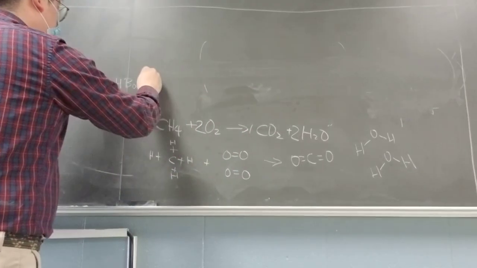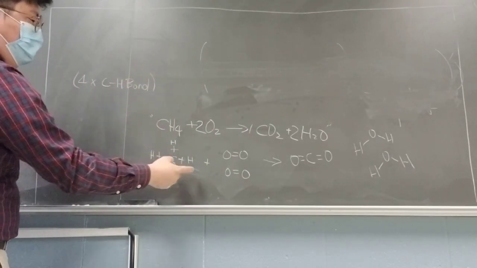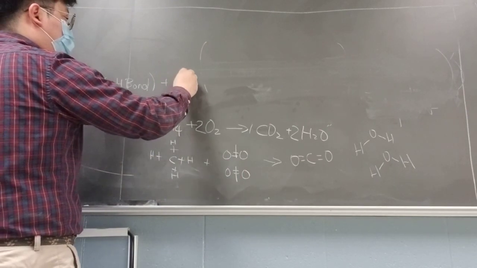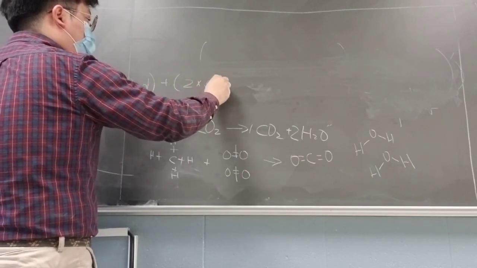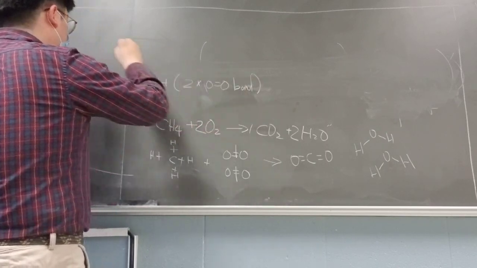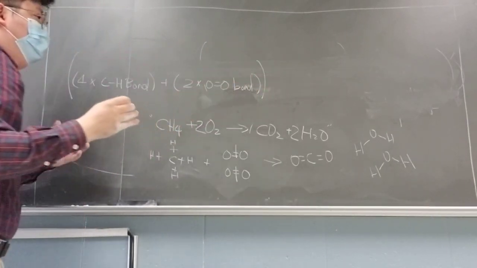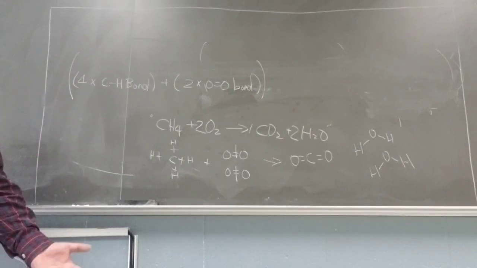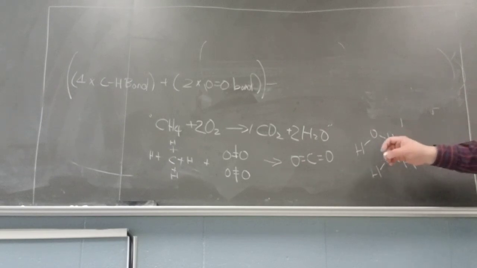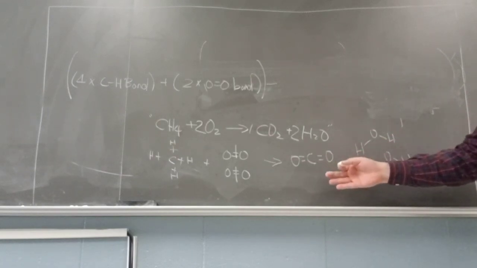Okay, so this is the first term, and you're going to break 2 O double bonds. So those are the sum of your bond enthalpies that are going to be broken. Okay, and minus. If you look at the product side, now you'll see the new bonds formed after the chemical reaction.